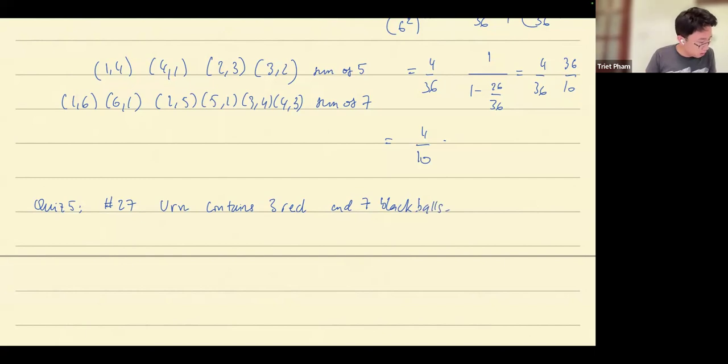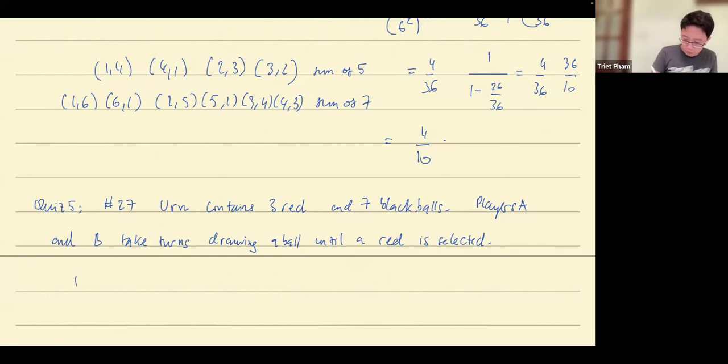Players A and B take turns drawing 1 ball from the urn until a red ball is selected. So find the probability that A draws the red ball.